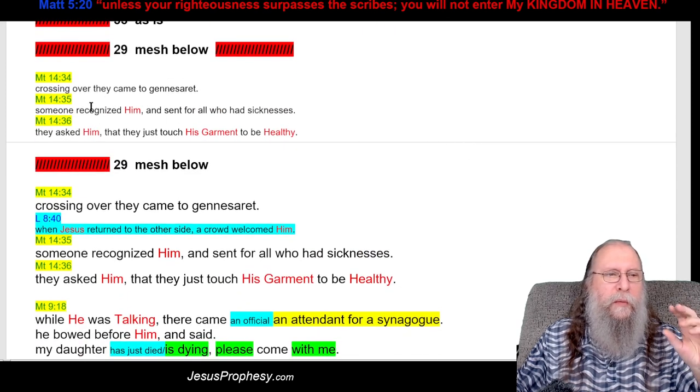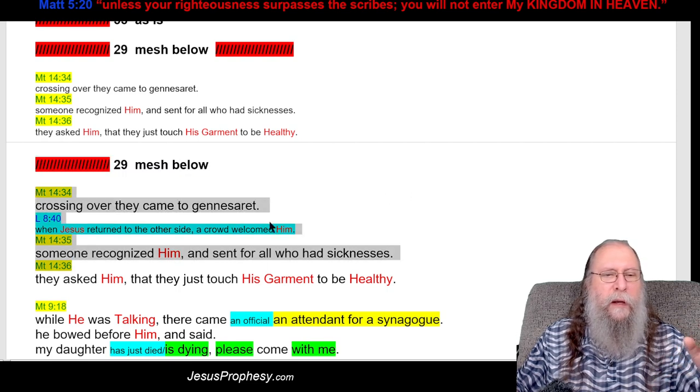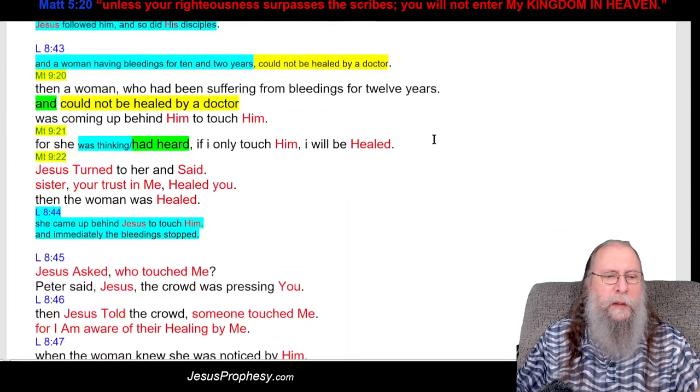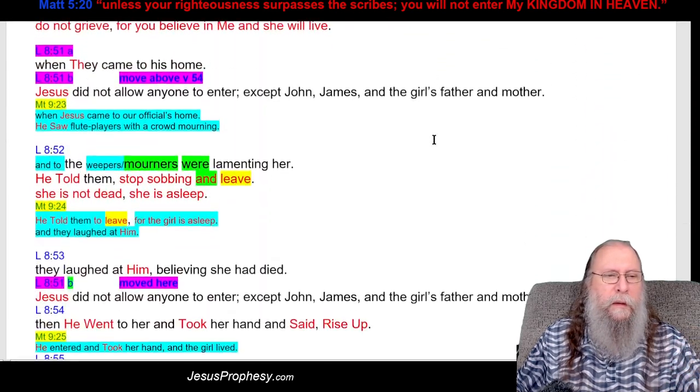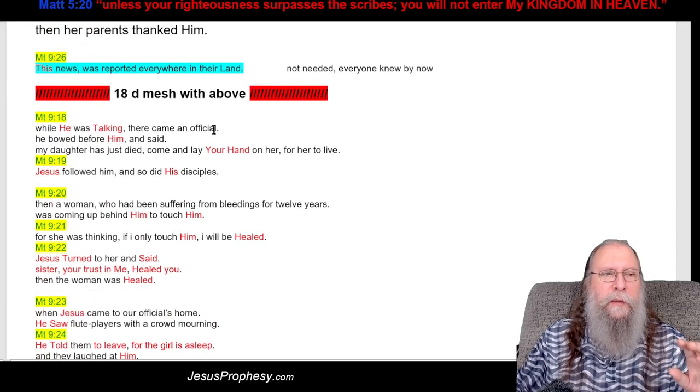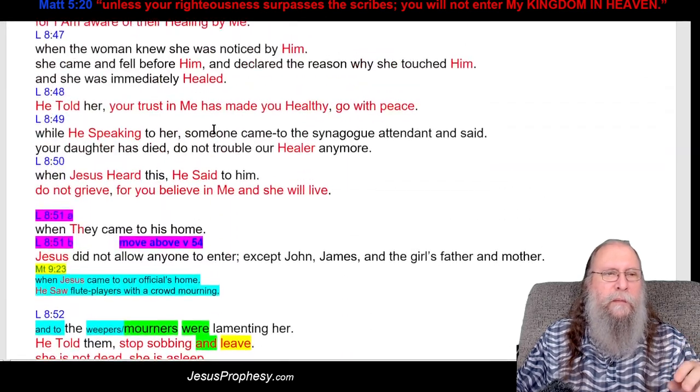Okay, I'm meshing one part here, and then going to be below it, I'm meshing above. So these three verses are right here. And I'm going to start off with that by not using this one here. And then the group here is going to be meshed above with this group here.